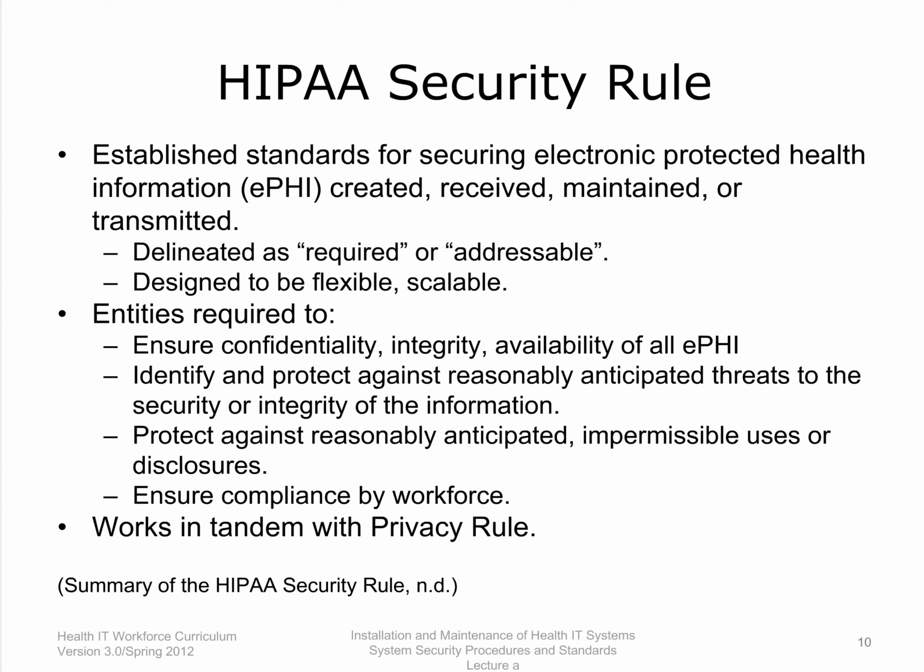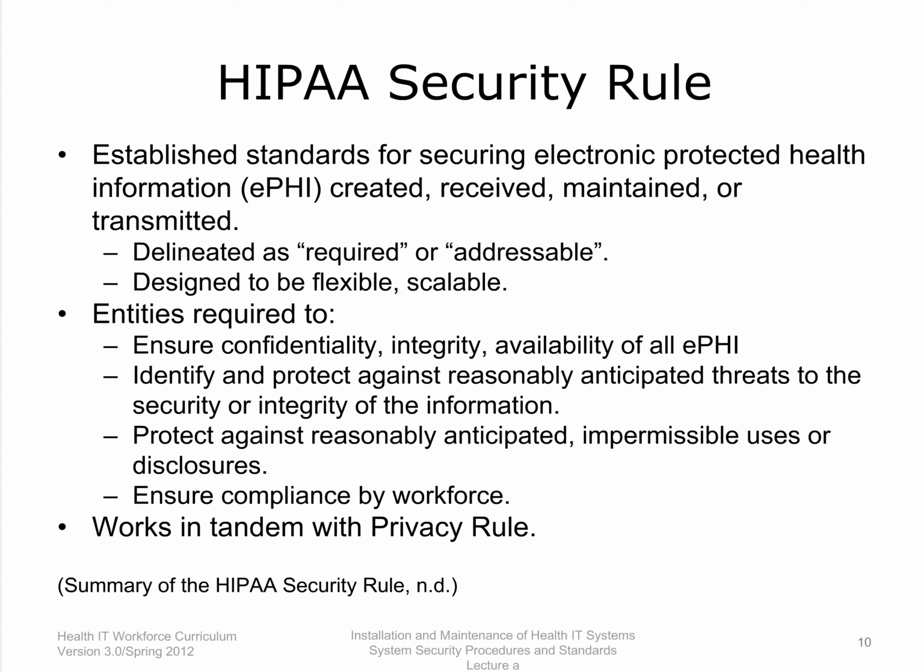The security rule defines confidentiality to mean that EPHI is not available or disclosed to unauthorized persons. The security rule's confidentiality requirements support the privacy rule's prohibitions against improper uses and disclosures of EPHI.